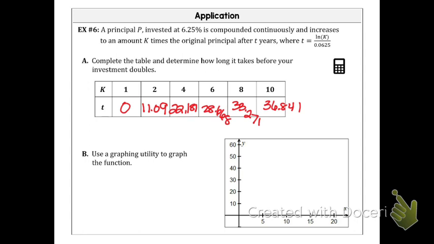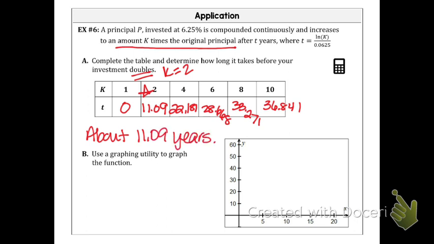All right, when I want it to double though, I'm looking for when K is 2. Because it says that K, the amount K times the original principal, so I want K to be 2. So look in my table, right here K is 2, and so I know it's going to be about 11.09 years.